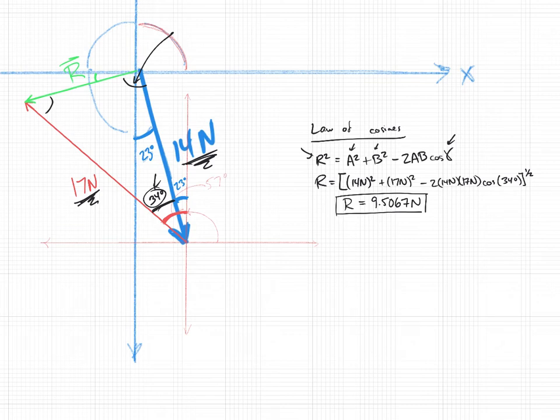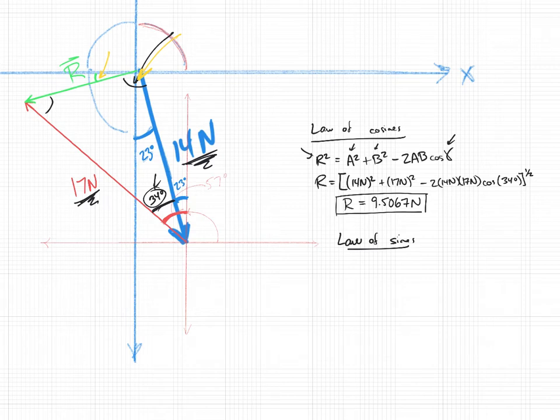Anyway, at this point we've got the resultant, and we know how long it is. What we want now is this angle right here, and the best way to get that angle is to know this angle right here. So to get that angle, we're going to do the law of sines, which is the standard way to do this, and we're going to talk about why this is maybe not perfect in this case.